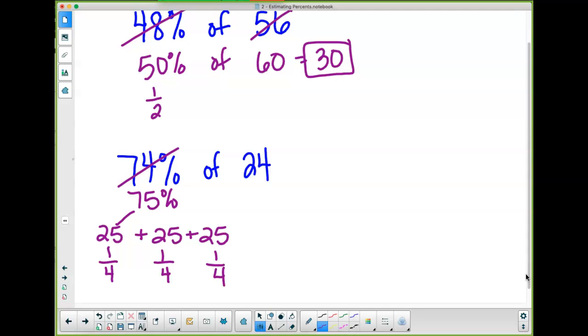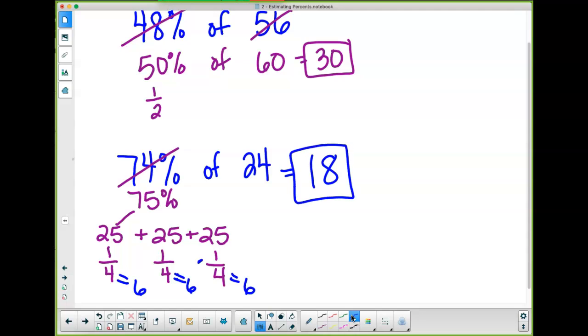So if 1/4 is 6, another 4th would equal 6, and another 4th would equal 6. So 6 plus 6 plus 6? About 18. Okay? Questions there? Right around 18. We're estimating.